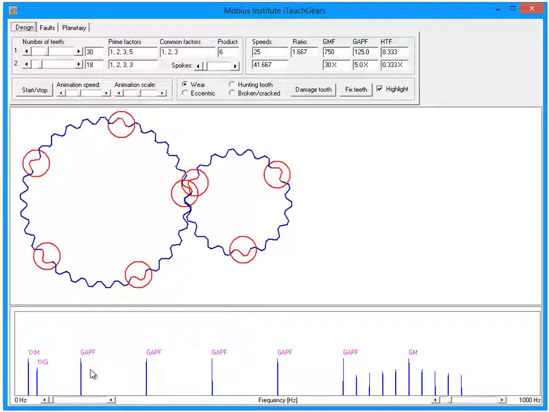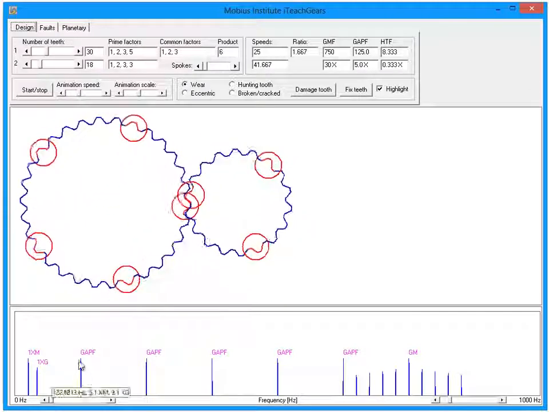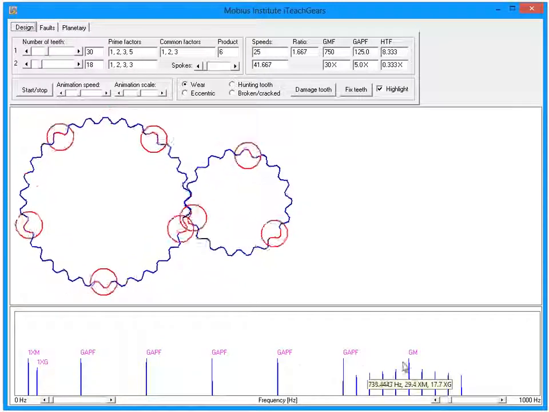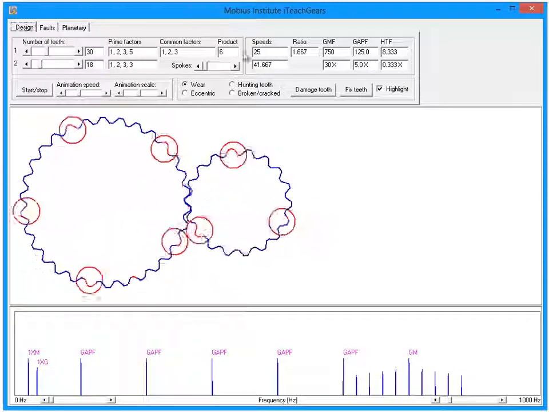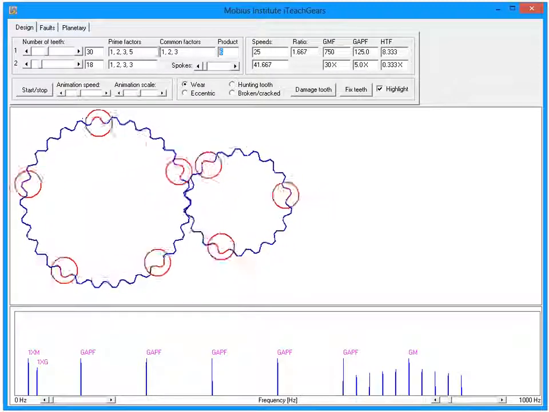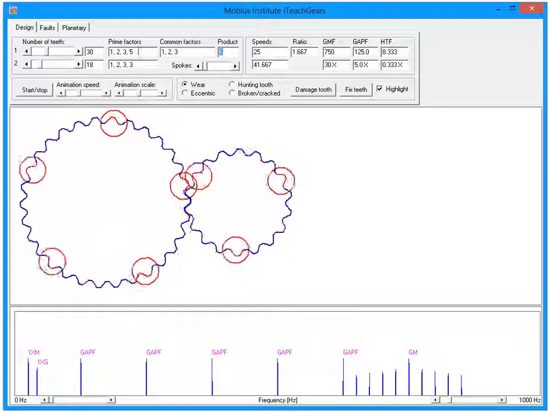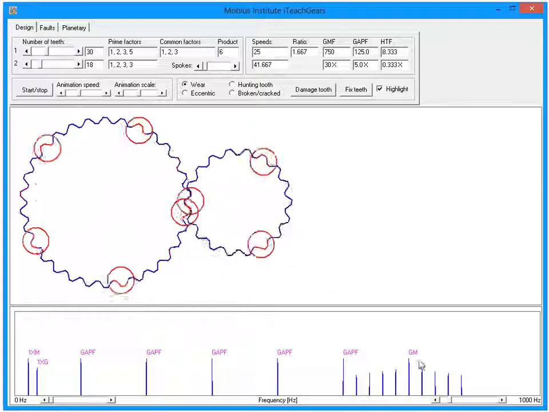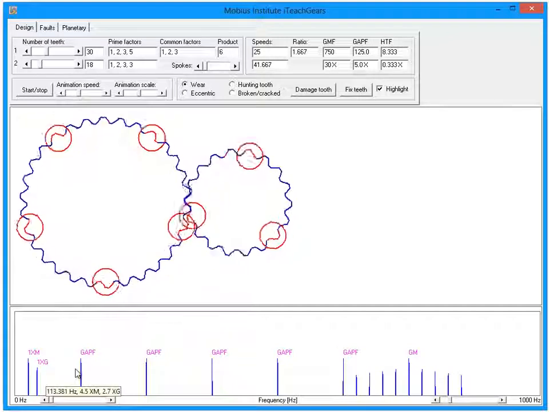And so we may see a peak. You might see a peak in your spectrum and say, what is that? It happens to be 1/6 of the gear mesh frequency. So there's my product of my common factors. They are the prime factors that are common to both gears.